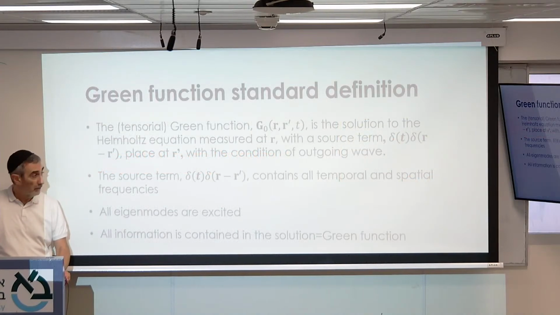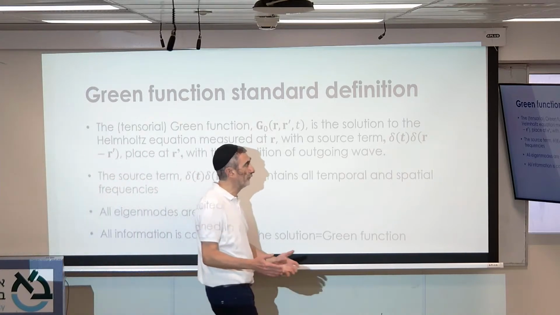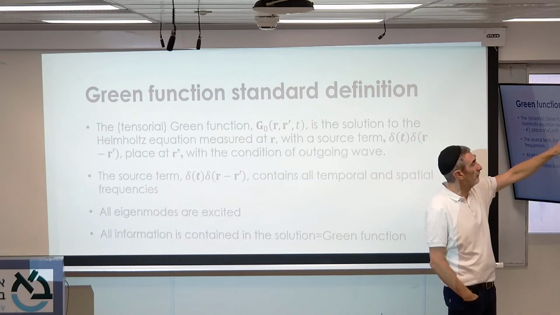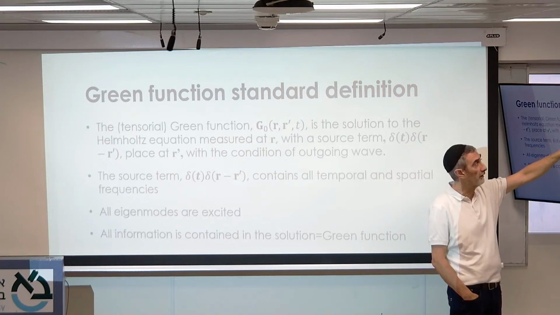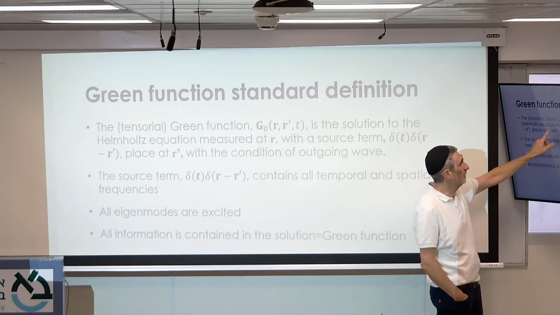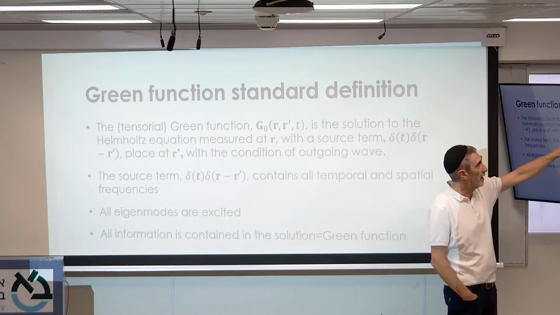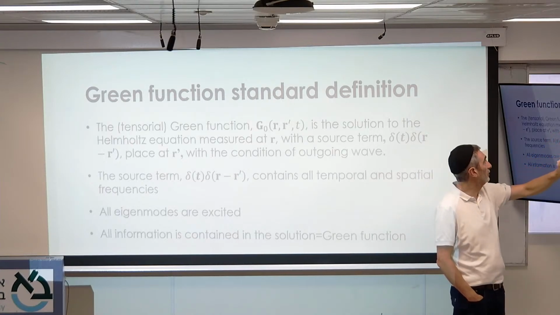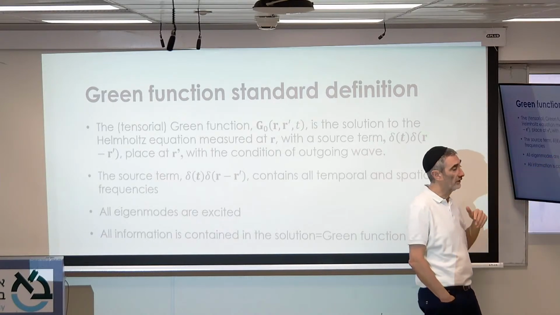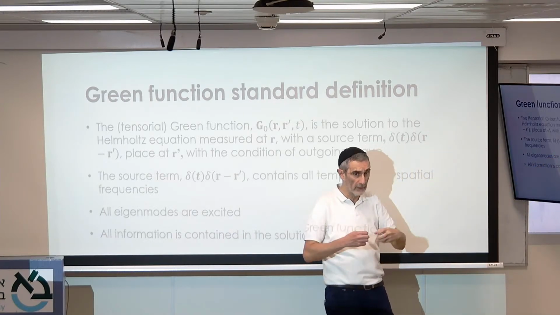So the Green function, how do we define it? The Green function can be scalar or tensorial, you will see that's technical. But the Green function, G0 of R, R prime, you see two points, at time t, is the solution of the Helmholtz equation measured at position R, with the source term placed at R prime, with the condition of outgoing wave, because you have two solutions, either outgoing or incoming waves.